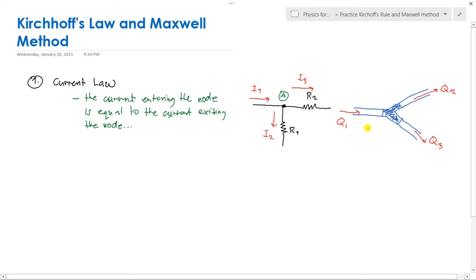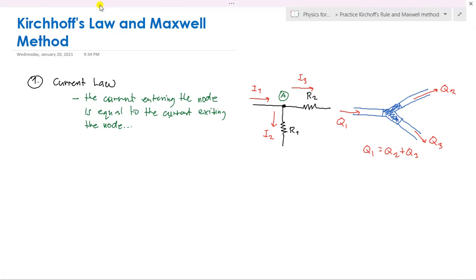In analyzing fluid mechanics problems, especially water, we know that the water entering, Q1, is just equal to what exits on the other sides of the pipe, that is Q2 plus Q3. That is conservation of mass. The same thing with this one, conservation of electrical charge in our electric circuit.